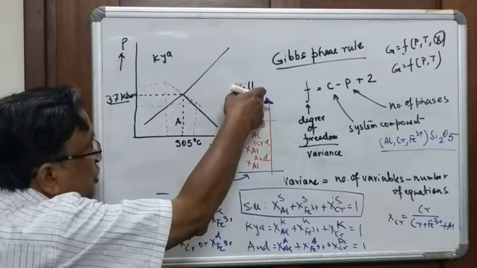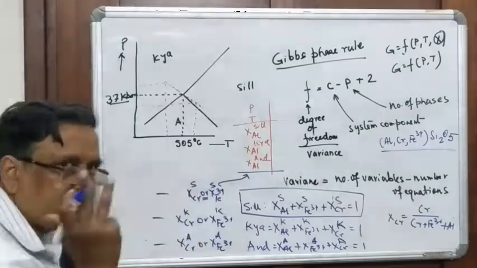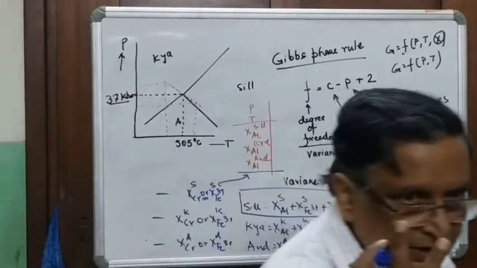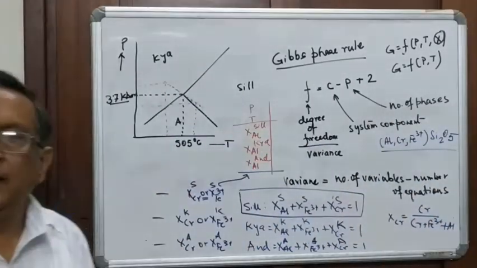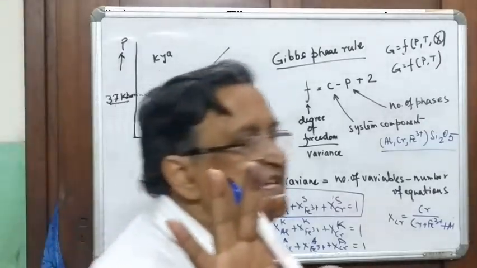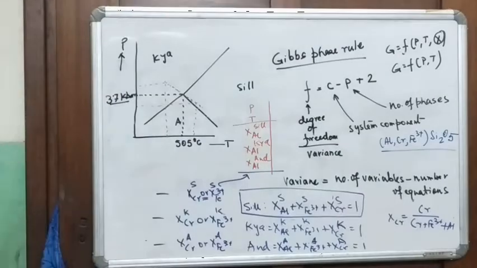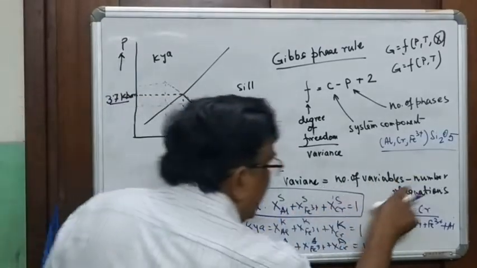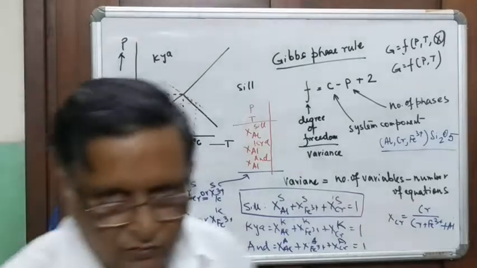So you will have 2 plus 3 plus any of these 3. So you will have 8 variables. If you have 8 variables, you should have 8 equations. Then you will get the variance as 0.